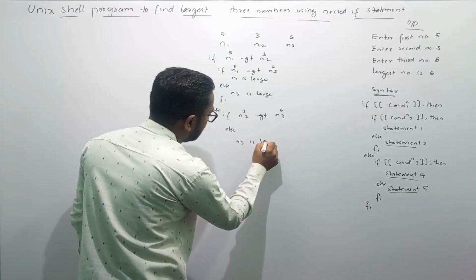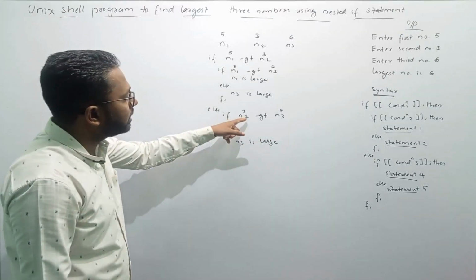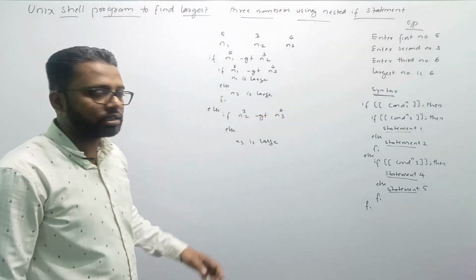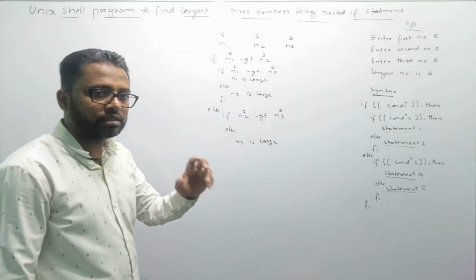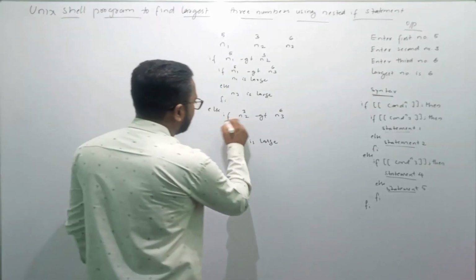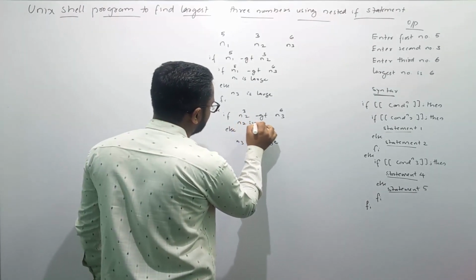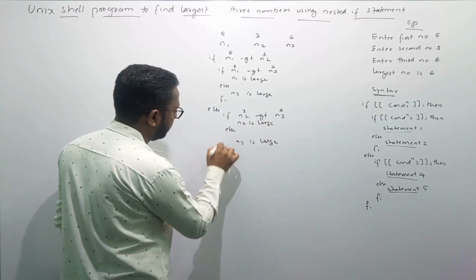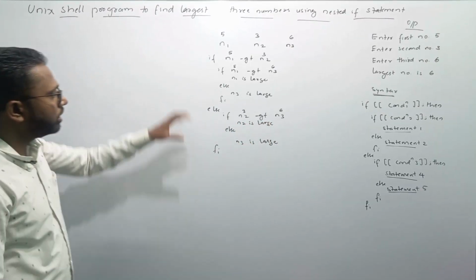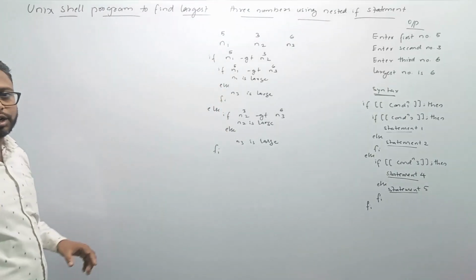If the n2 value is greater than the n3 value, let us suppose n2 is 7, now 7 is greater than 6. In this case, control will come inside the if to print the n2 is large message. Close the if. So we will apply this logic to write a shell program.